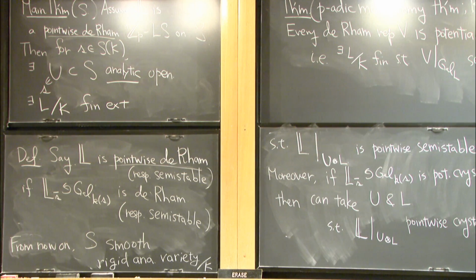It turns out by the theorem of Liu and Zhu that those are equivalent. Pointwise de Rham is equivalent to asking your local system being de Rham in the sense of Scholze. This is about classical points, namely the points with residue field finite over my base field K.